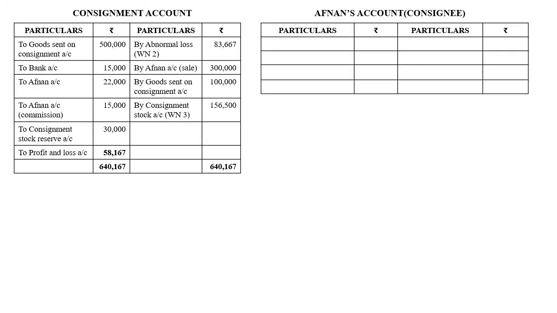So next you draw the lines for consignee's account, that is Afnan's account. Draw the lines fast.